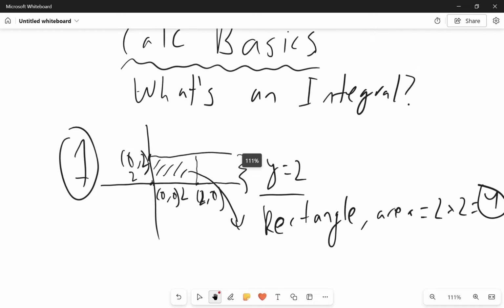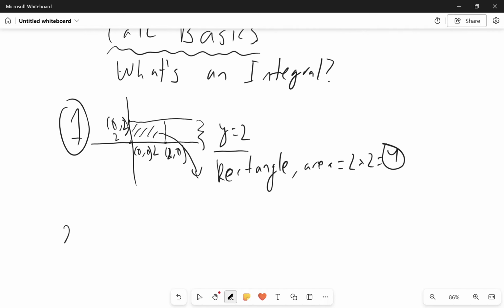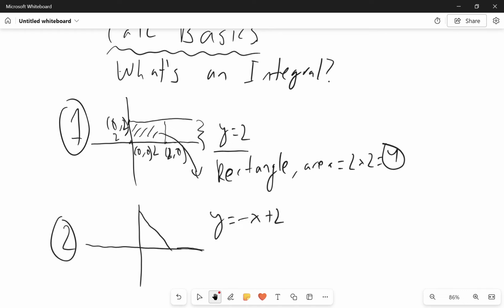So let's make a little bit more complicated of an example. So number 2, we're going to draw another xy plane. This time our function is going to be a straight line with a negative slope, like so. And let's say y equals negative x plus 2. So we'll say that this point up here is 0, 2.